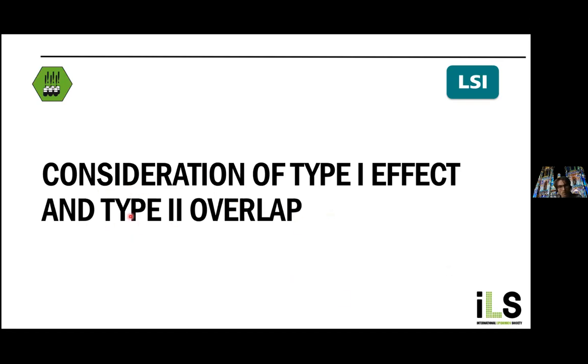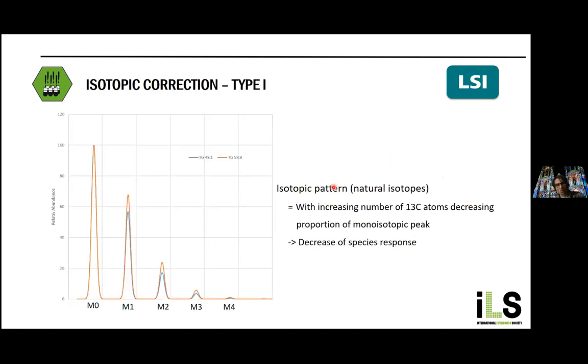I already discussed with you the type 2 overlap. But it's also necessary to consider this type 1 effect. What is it? It's simply the isotopic pattern.